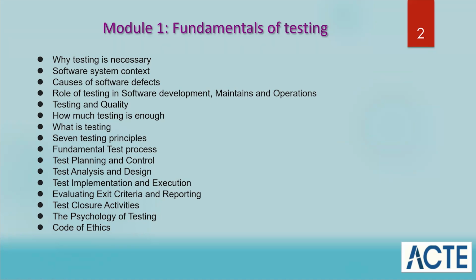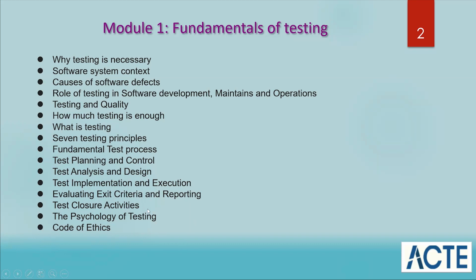What are the 7 principles and the fundamental test process? What is test planning and control? What is test analysis and design? What is test implementation and test execution? Evaluation of exit criteria and reporting. Test closure activity.